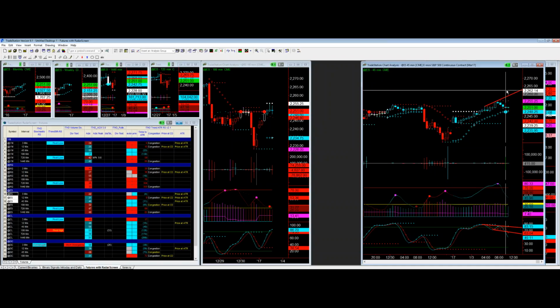Now this is the equivalent of a doji. This is when it's okay. I'll give it one more bar. Okay.